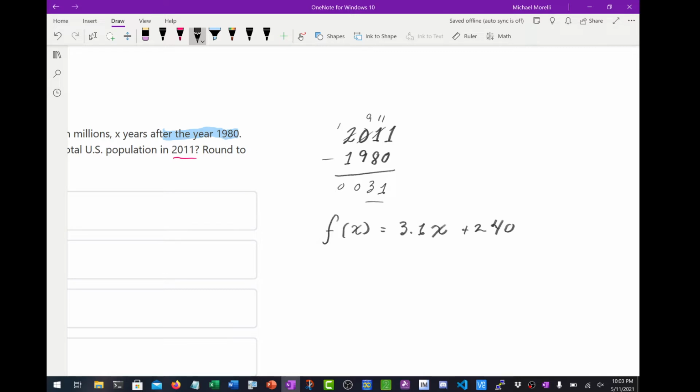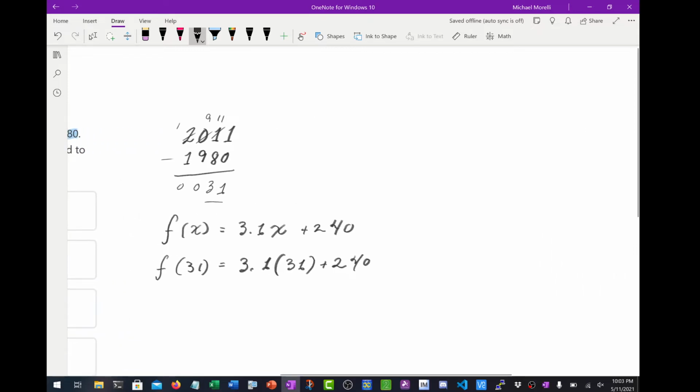Okay, and so what we want to evaluate here is f of 31. So that's going to equal 3.1 times 31 plus 240. All right, so we'll just work it out.